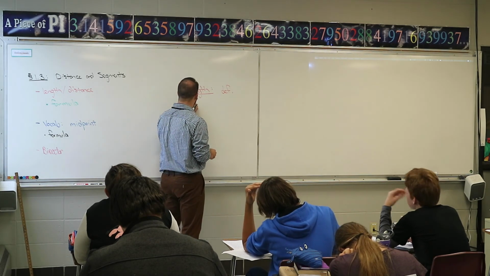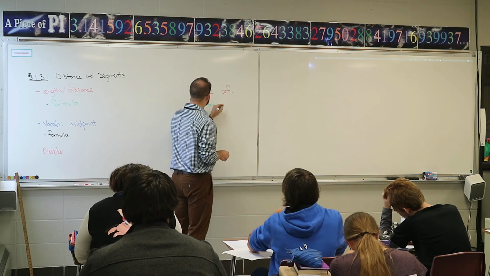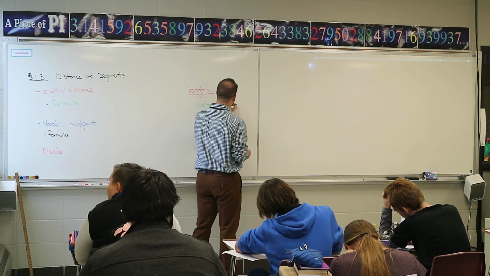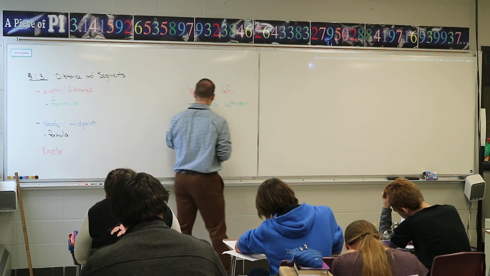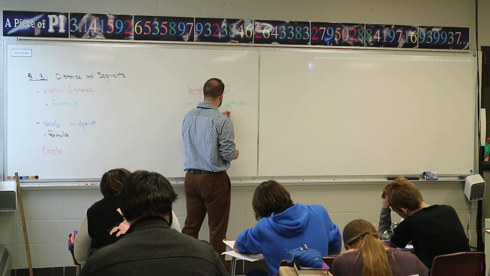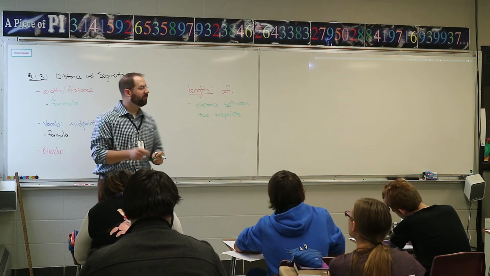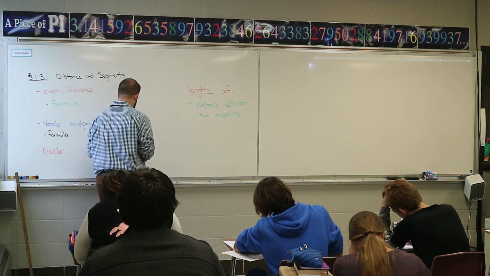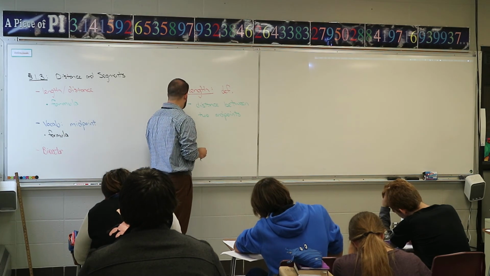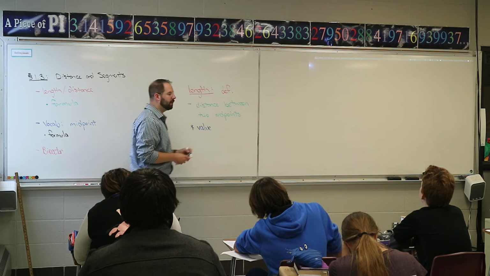It is the actual distance between 2 endpoints. The actual raw distance. There's a numerical value to it. So we're seeking out a value, a number, a digit, something we can do.